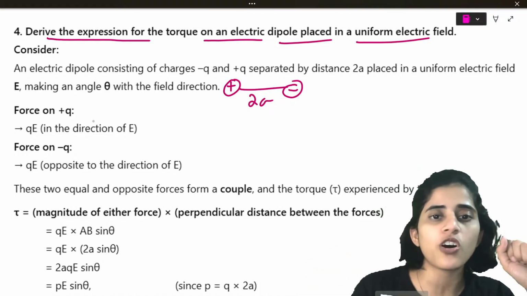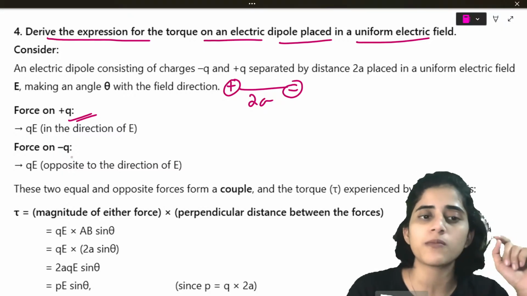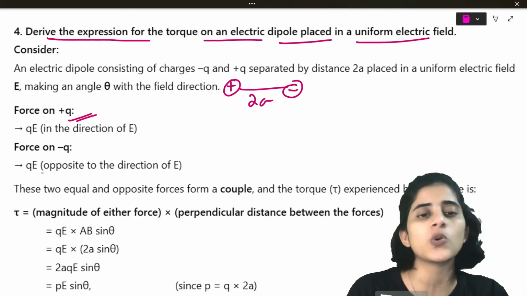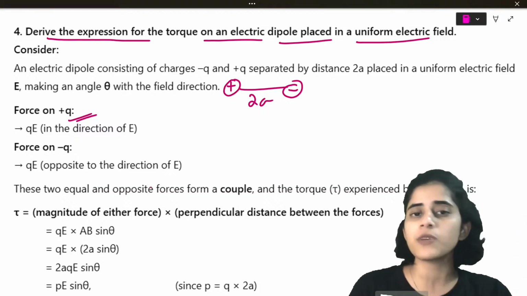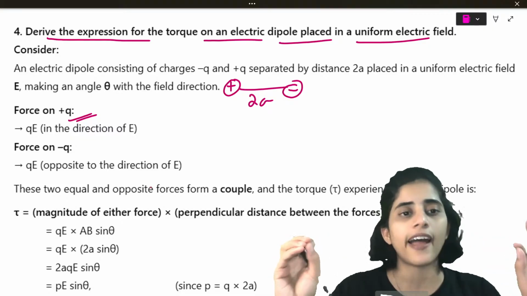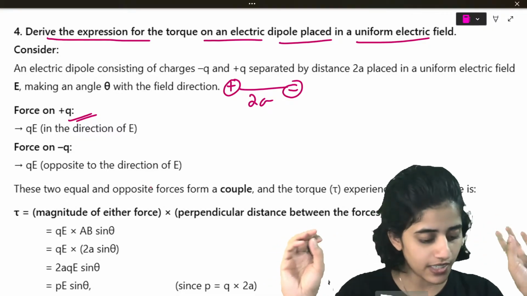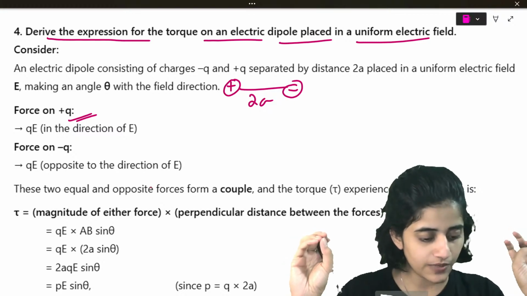The force on the charge plus q will be qE, and the force on minus q will also be qE, but the directions will be different because one is a positive charge and the other is a negative charge. But they will both have force q into E.